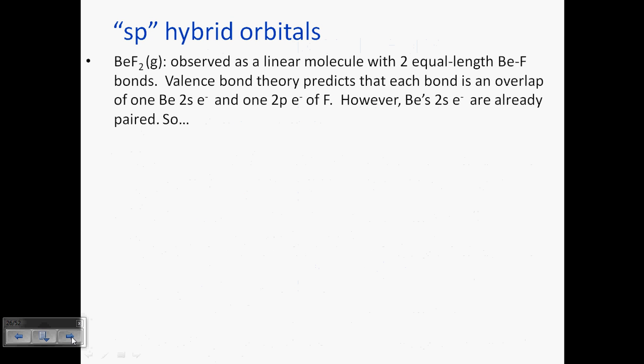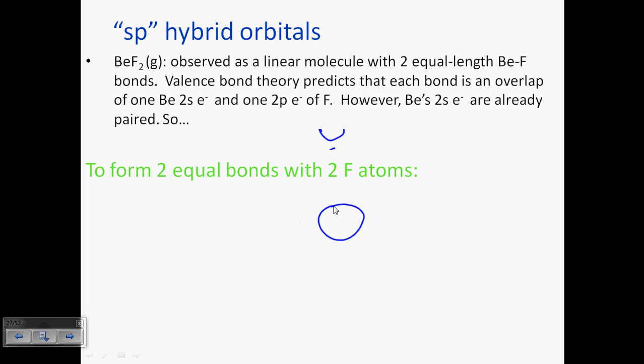Now, what are the different types of hybrid orbitals? Let's start with the sp hybrid orbitals. Sp hybrid orbitals are formed when one s and one p atomic orbital mix, and the s orbital shape, as you know, is spherical, and the p orbital shape is dumbbell shaped.